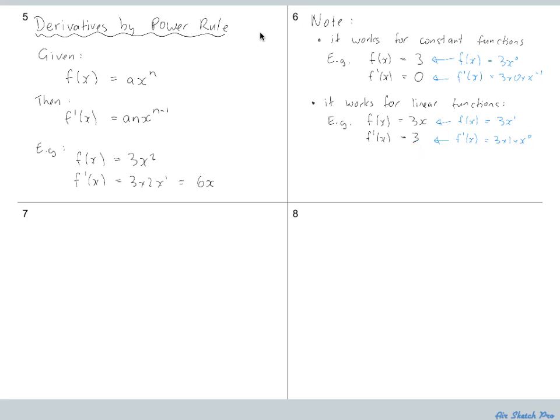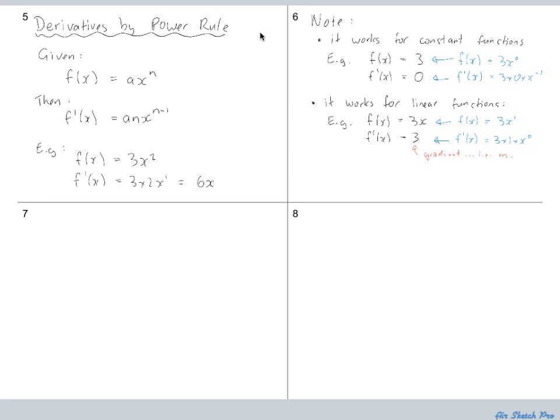So it works for linear functions as well. And I just wanted to point out, that's the gradient. And for a linear function, the gradient is m, like y equals mx plus c.